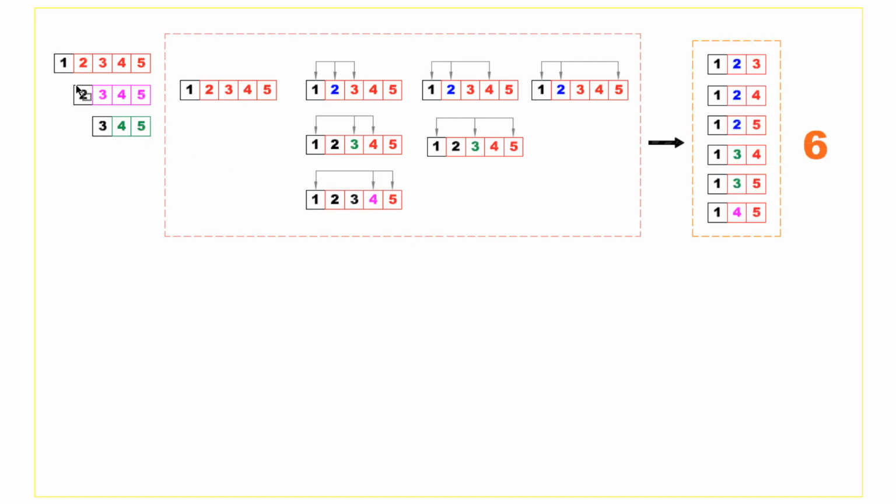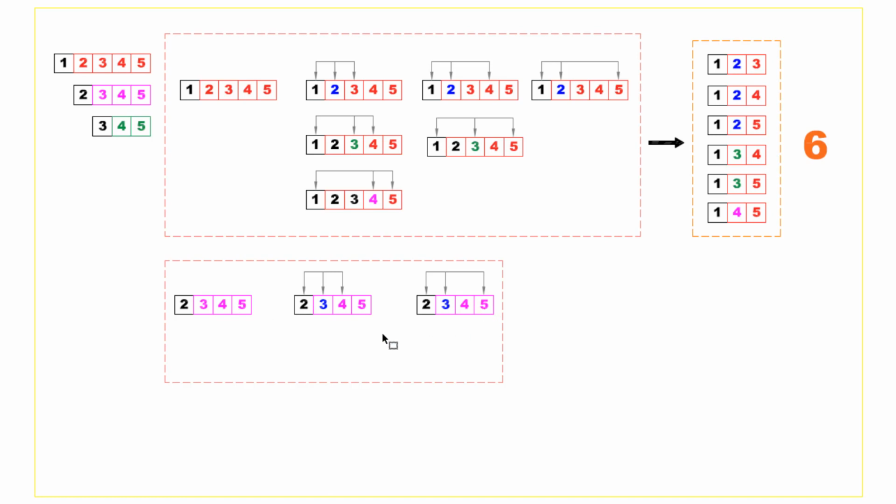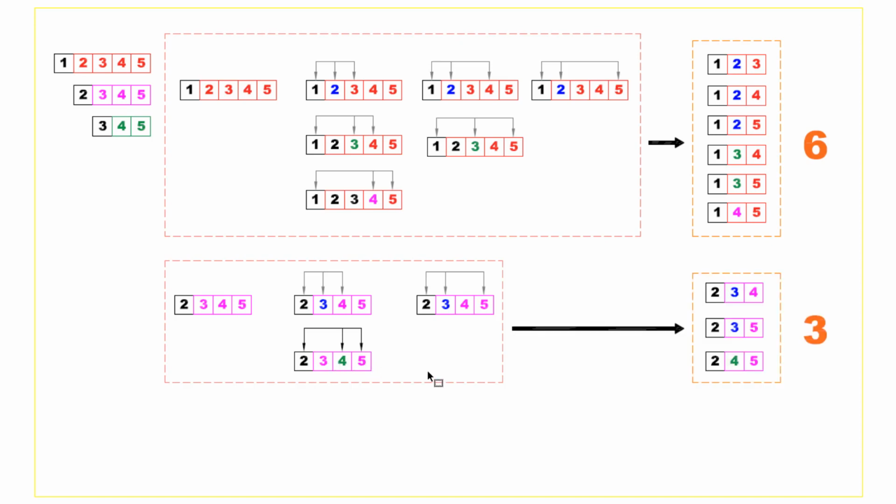So now we combine 2 with 3, 4, 5. So 2, 3, 4, and 2, 3, 5, and then we combine 2 with 4, 5, so 2, 4, 5, and that's the end of it. We have now 3 objects in the sequence, and now we generated 3 sequences.